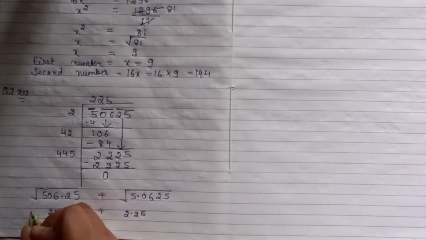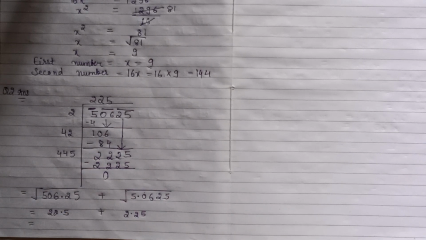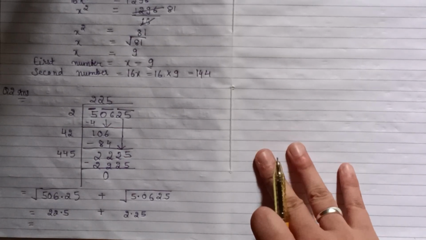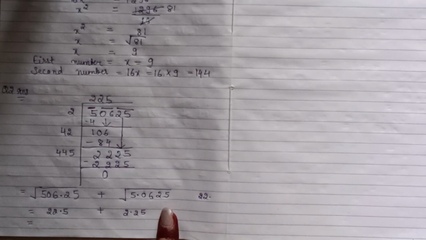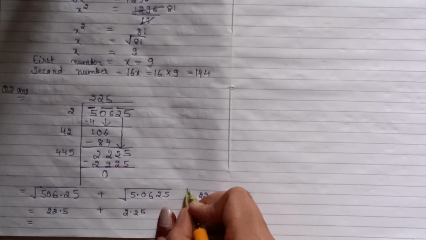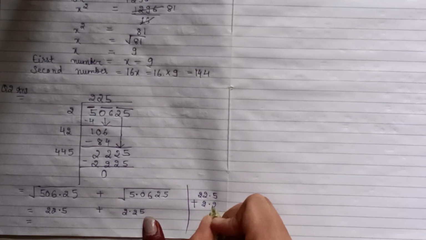So add them. 22.5 plus 2.25. Put the decimal down below the decimal. So I add them in the rough work. 22.5 plus 2.25.